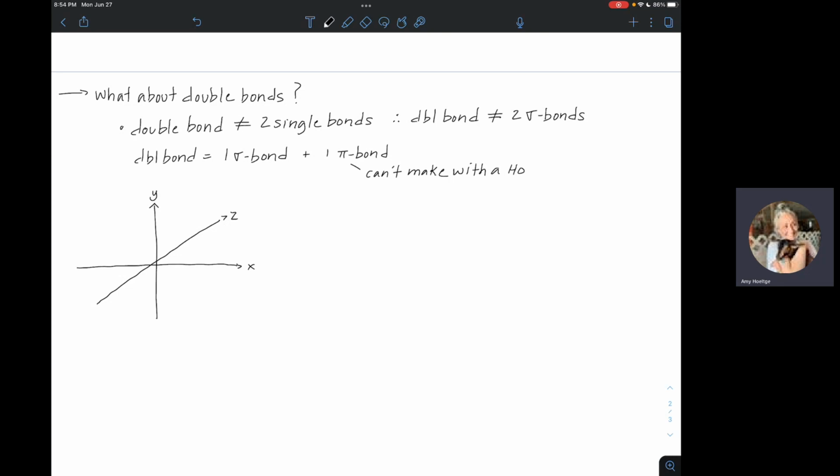So I've got one hybrid orbital here, and I've got another hybrid orbital here. And then, of course, there's the nub that we don't really draw in, but just for the sake of this illustration. Now, let's color this in. We have our sigma bond, right?